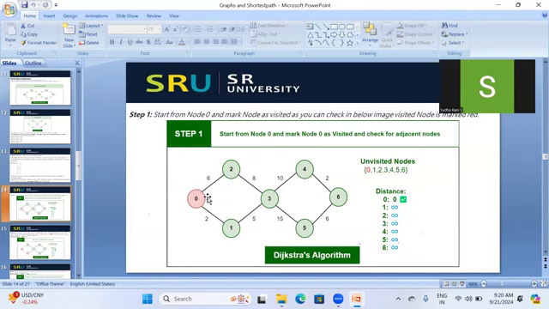When I start at node 0, the value will be 0, and all the remaining values are, as usual, infinity. Why? Because in my first traversing I visited only the 0 node, and I didn't visit the remaining nodes.